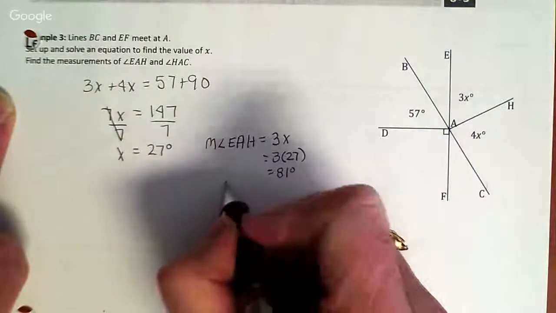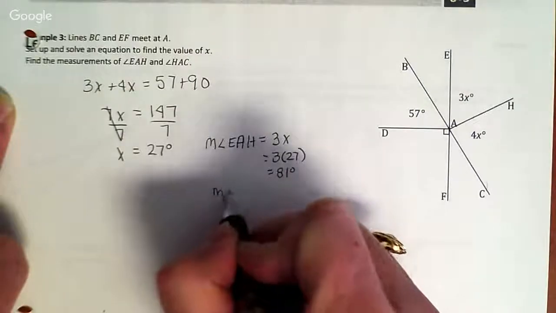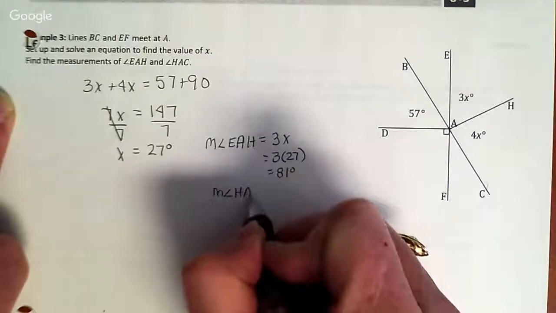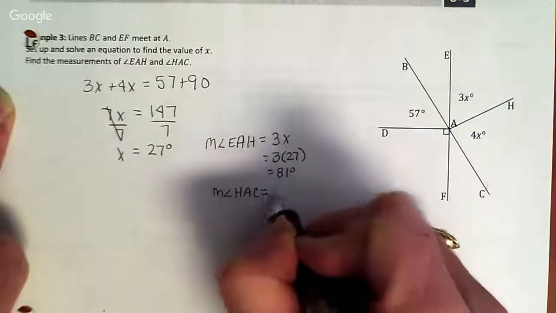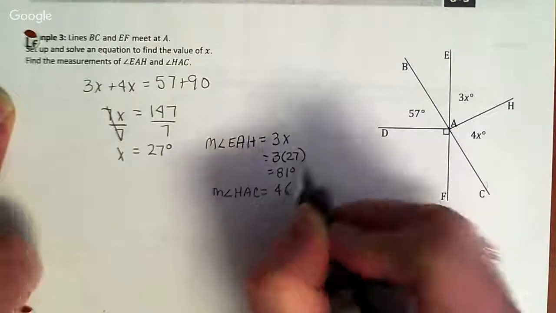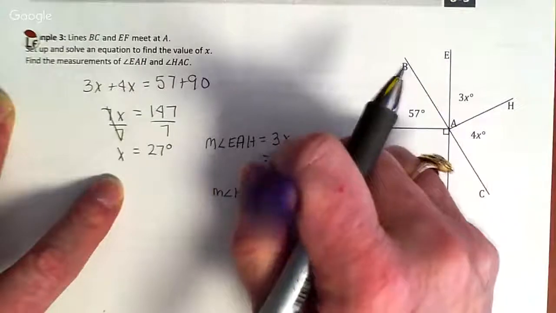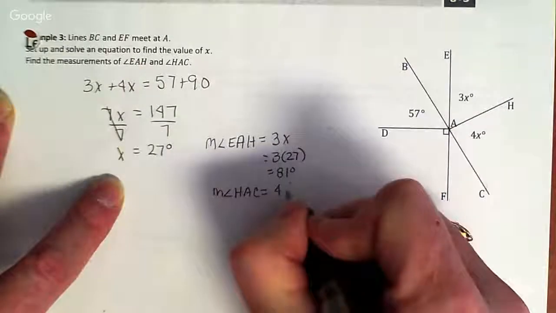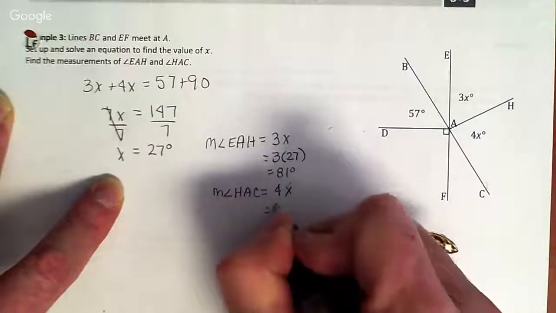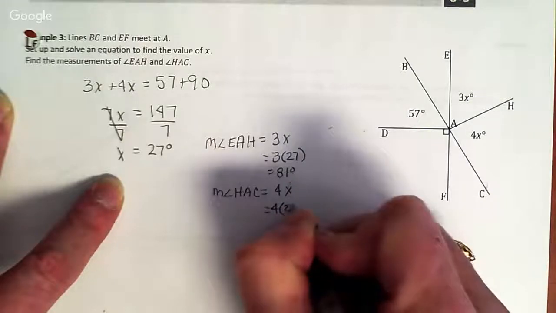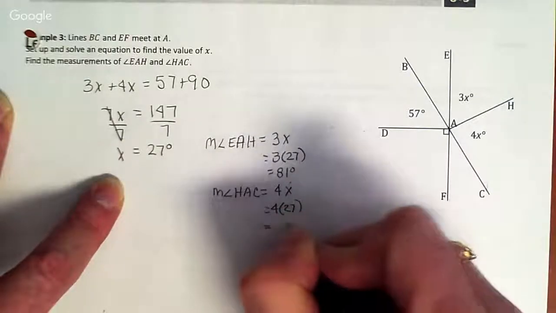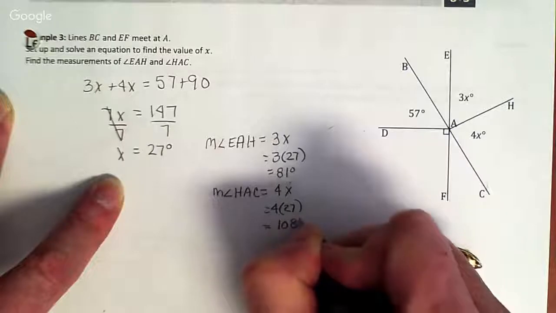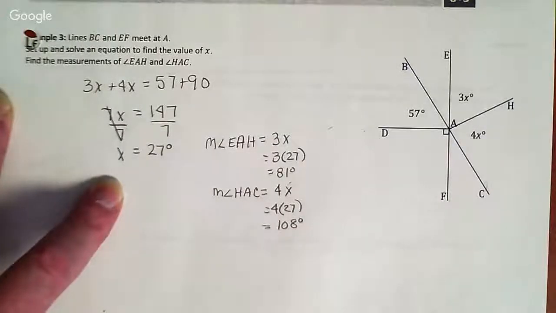To find the measurement of angle HAC, that is 4x, which is 4 times 27. And that's going to be 108 degrees.